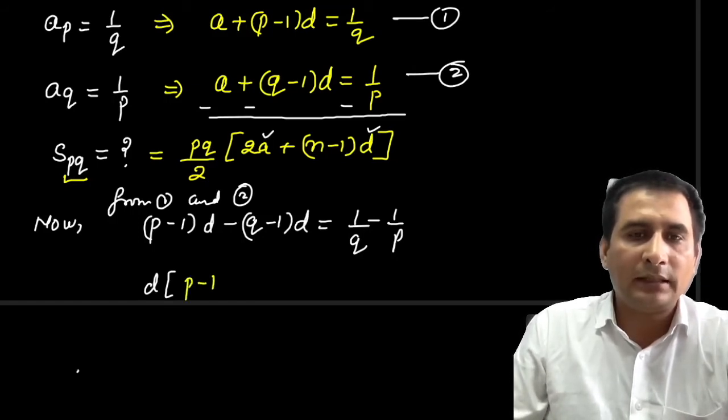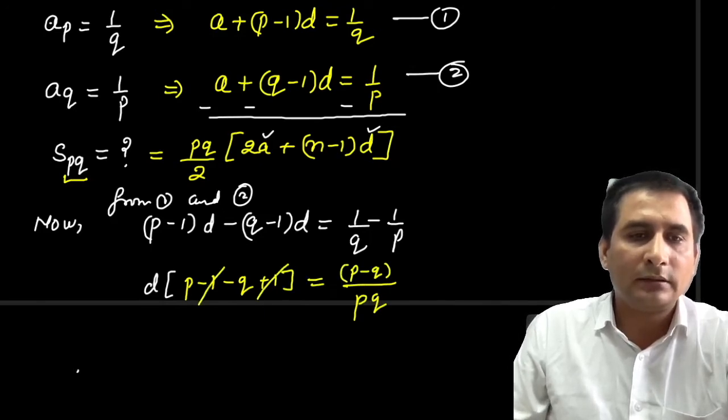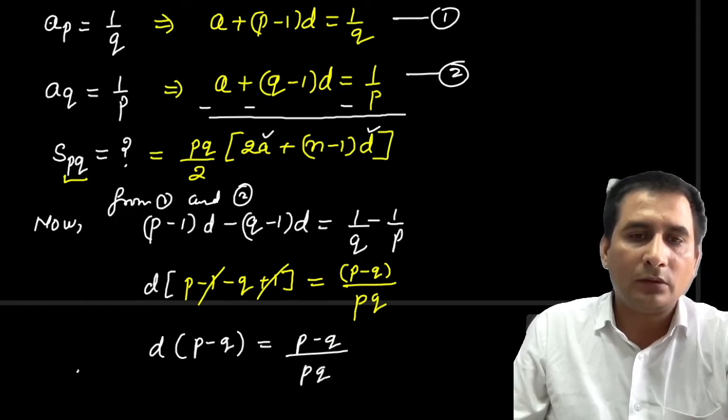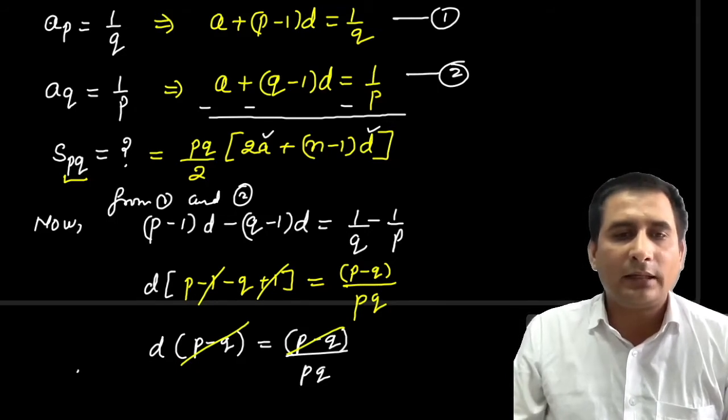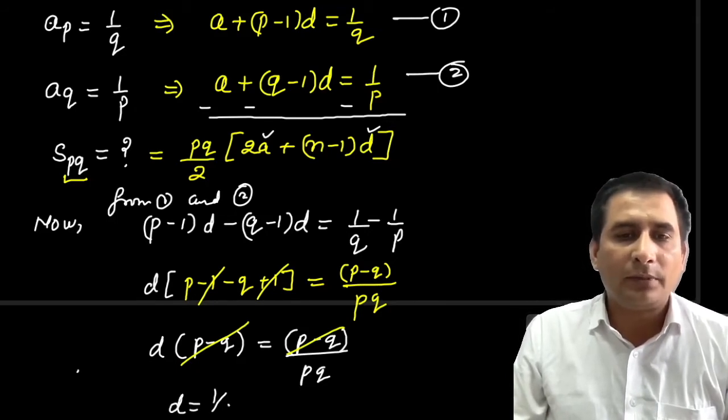Remaining is p minus 1 minus q plus 1, and here it is pq, and here it is p minus q. So what is remaining here? It is p minus q, and p minus q upon pq. So this p minus q cancels this p minus q. So what is the value of d in this case? We have got the value of d, it is 1 upon pq.